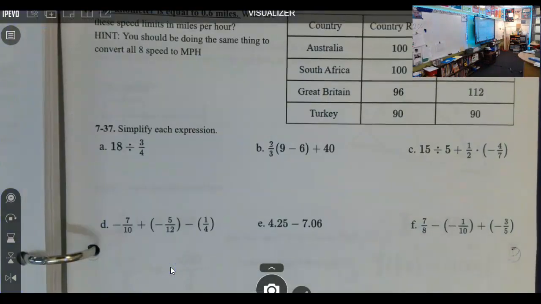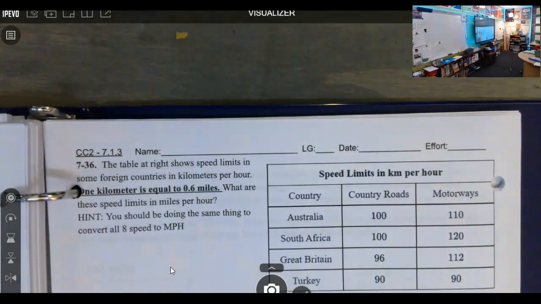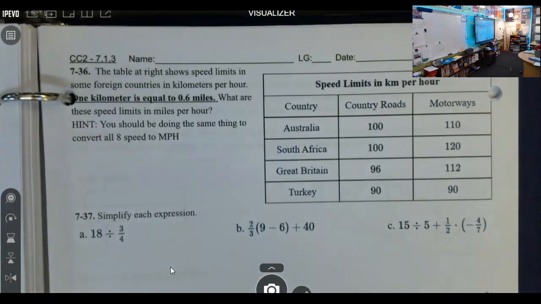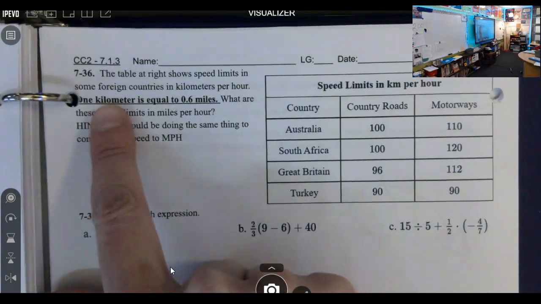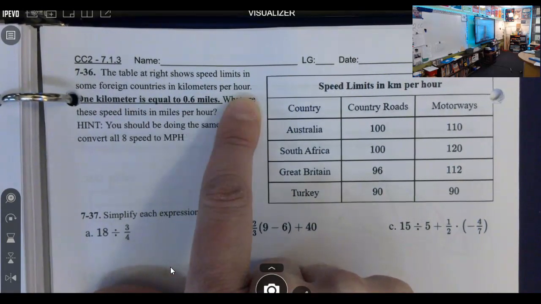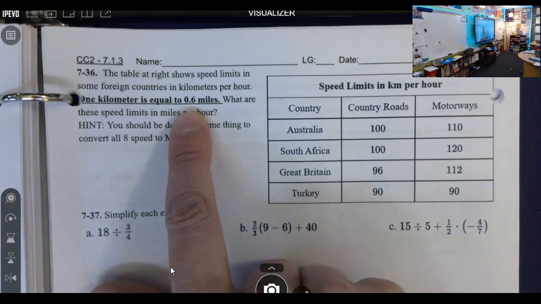All right, 713. 713 for anyone who wants to play along. Problem 36. The table at the right shows speed limits in some foreign countries in kilometers per hour. Now, a kilometer is 0.6 miles.